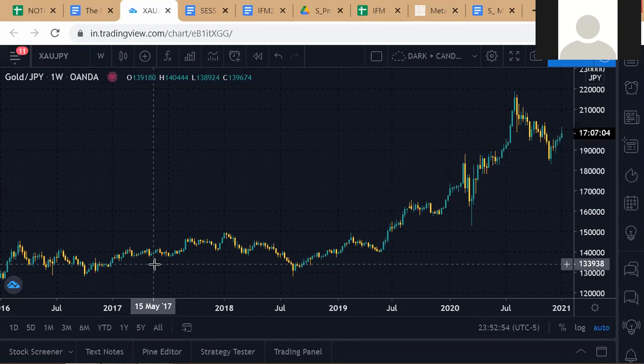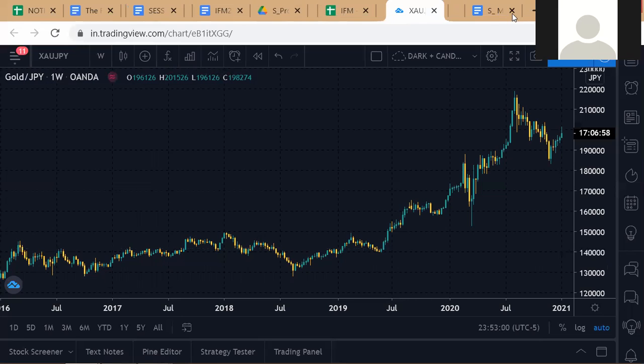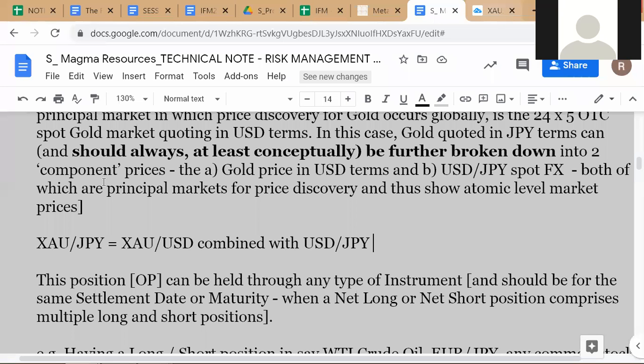Instead, he should analyze separately the dollar against gold, the primary market for price discovery in gold, and the dollar against yen.